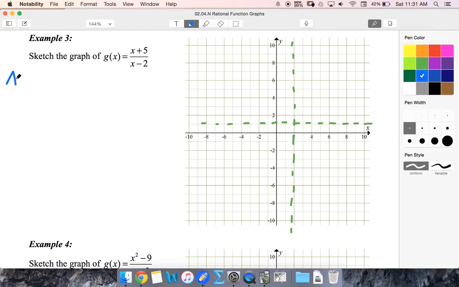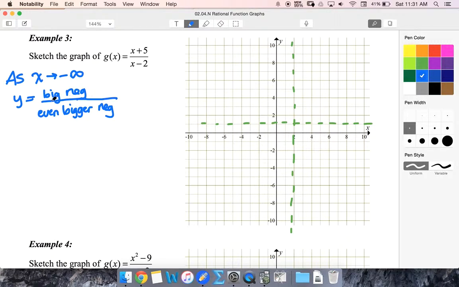So let's do what we did before and start by looking at as x goes towards negative infinity. So I'm thinking about very big negative numbers. As that happens, my y value, a very big negative plus 5, is going to be a big negative number. A negative number minus 2 is going to be an even bigger negative number.